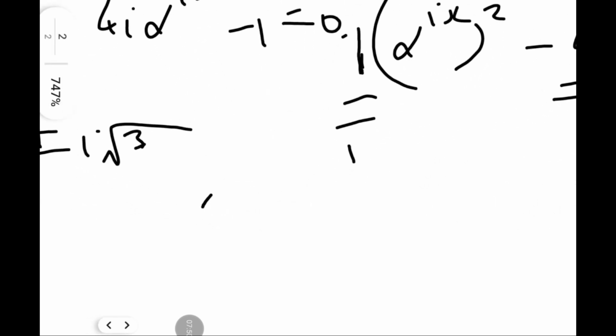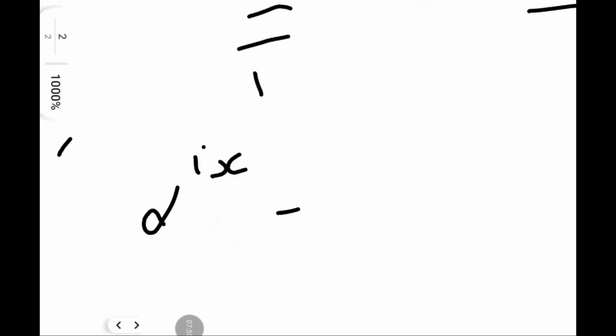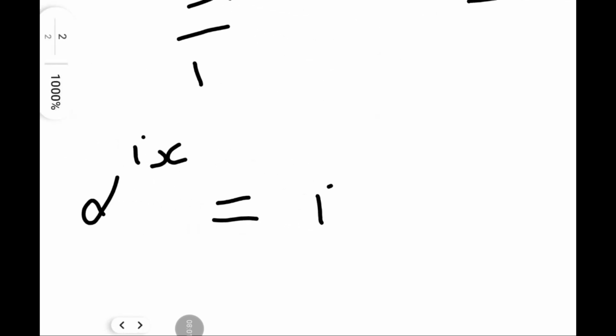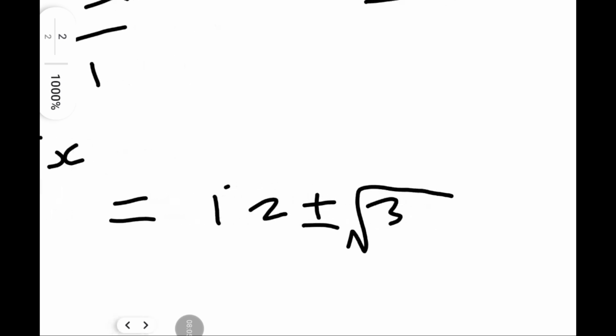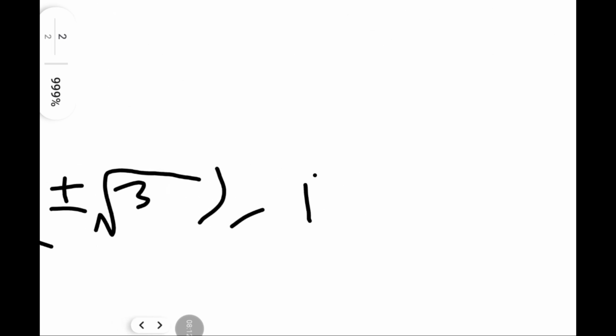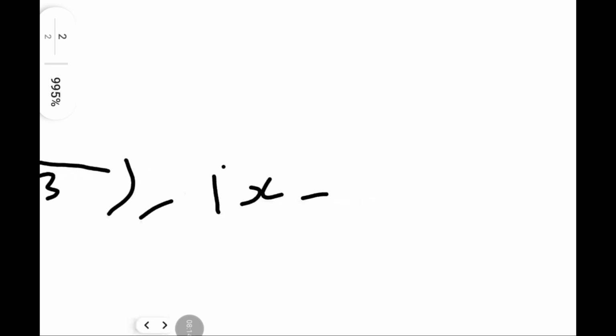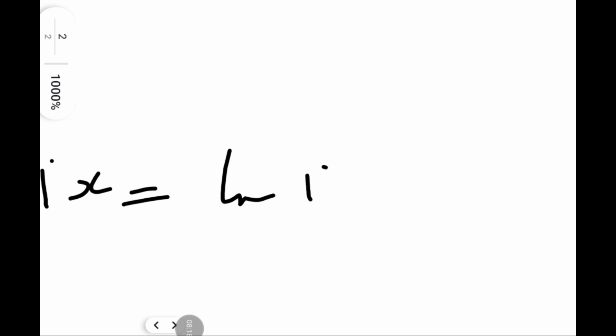So you have it in that format there. And now I want to get into this format here: e to the power of ix is equal to i times 2 plus or minus root 3. And then we can take the natural logarithm, and we get ix is equal to the natural logarithm of i, and then 2 plus or minus root 3.